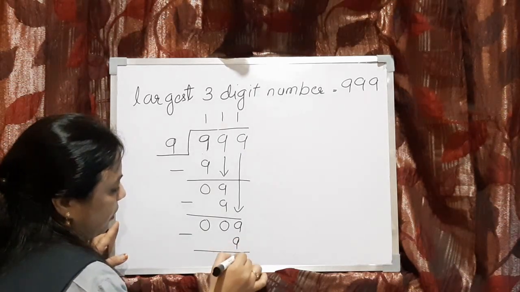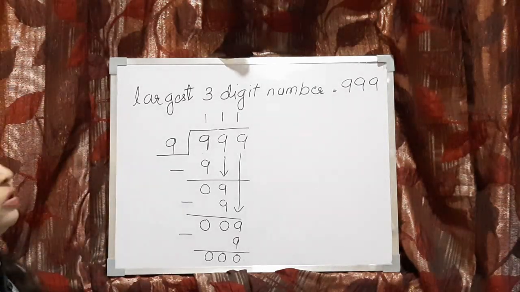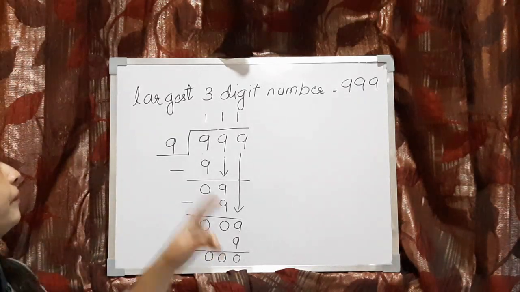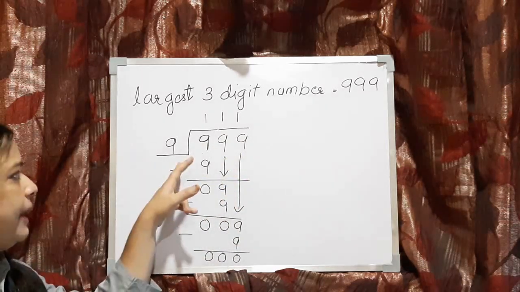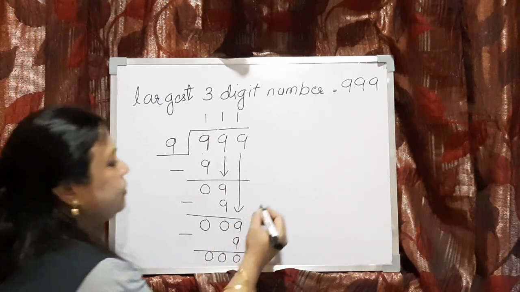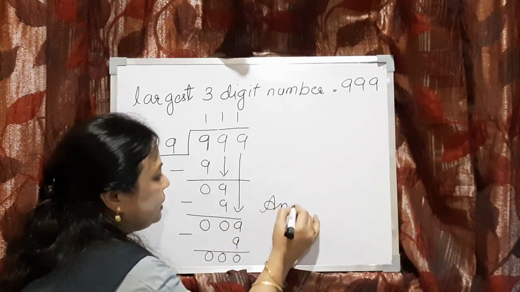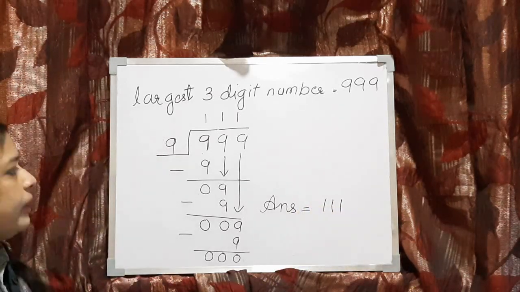Okay, so we will get 0 here. So when we divide 999 by 9, our answer will be 111. So what we will write down here? Answer is equal to 111. Okay, come on.